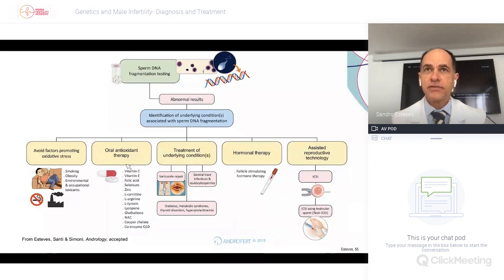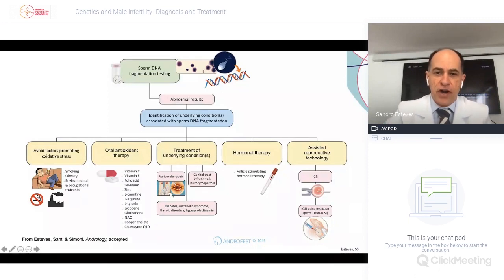Then we need to do a comprehensive male infertility workup, as I presented in the first lesson 2 weeks ago, to identify the underlying conditions that could be associated with sperm DNA fragmentation, including lifestyle factors like smoking, obesity, occupational toxicants. Let's say the patient could be working in a very hot place or in a place with some pollutants that are known to affect sperm DNA fragmentation.